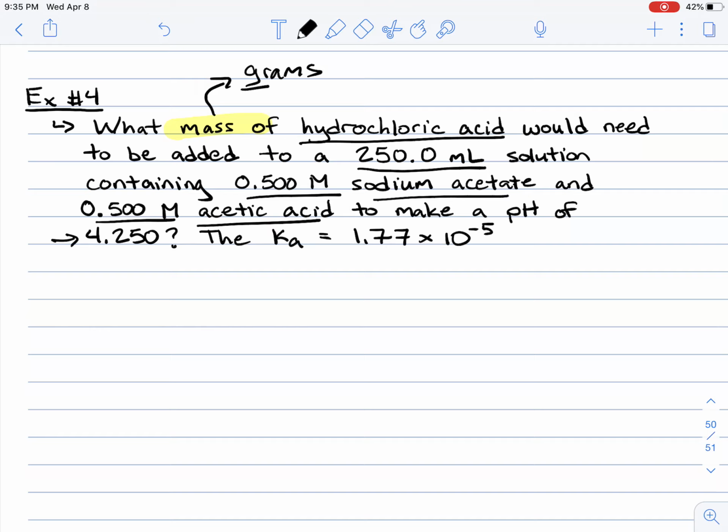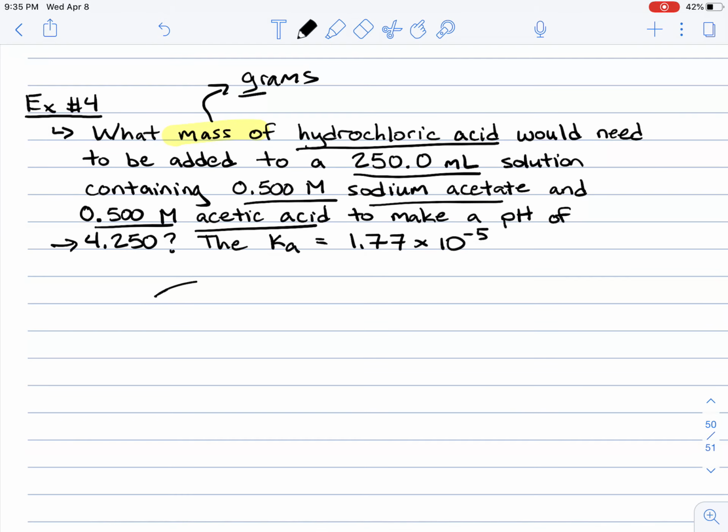All right, so once again, reading this problem, let's think about what's happening here. We're going to add hydrochloric acid into a solution.